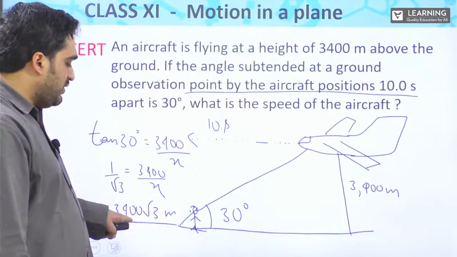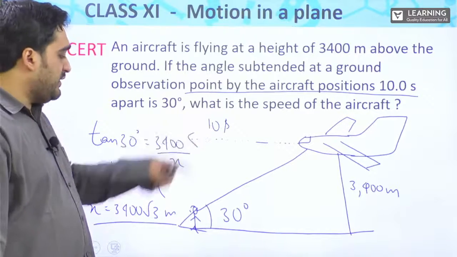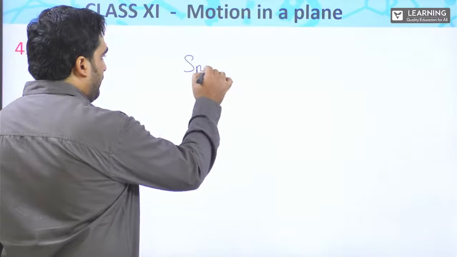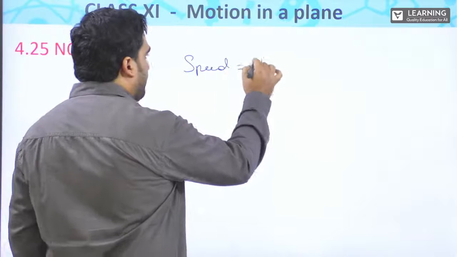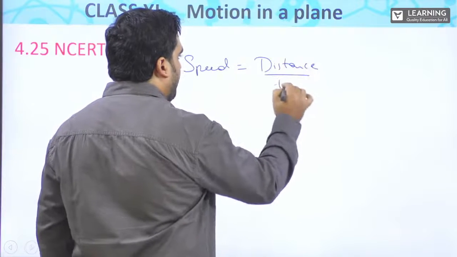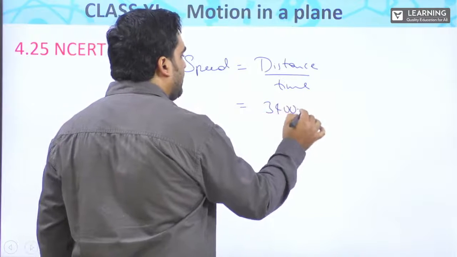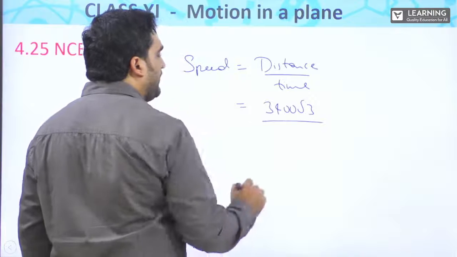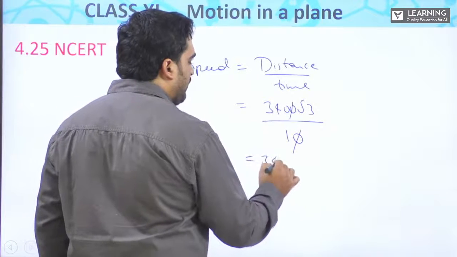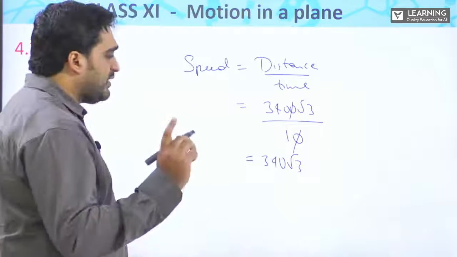We have the horizontal displacement, and we already have the time. So this is 3,400 root 3 divided by the time taken, 10 seconds, which is equal to 340 root 3 meters per second.